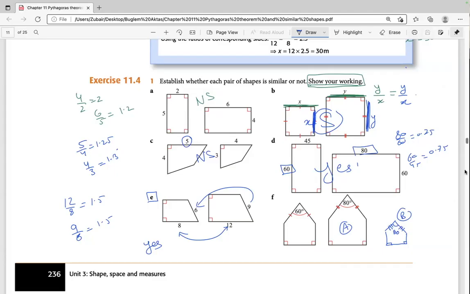Now we have to write something about the sides as well. Assume that I write y over here. So may I write y over here too? Because it is given that these two sides are equal. So if I write x here, I may write x on the other side. So this by this, left side by left side and right side by right side, the ratio is still the same. If this would have been the question, we would say that they are similar. So currently for F part, no, because angles are different. Very good.